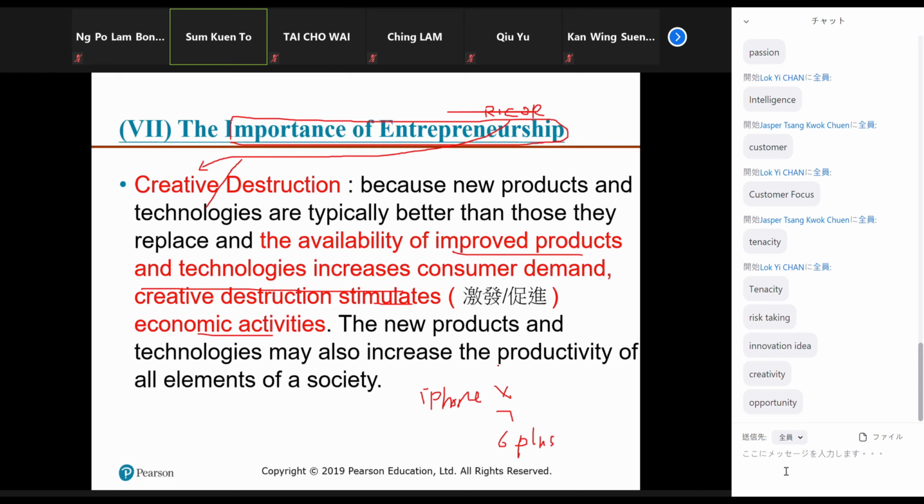Also iPhone 11, and they are still in very good condition, 60% new. However, just 3 months ago or whatever, iPhone 12 rolled out, and then you just forget about all this. You go for iPhone 12. Maybe 2 months later, iPhone 13 comes up, and then you will just dump your iPhone 12.